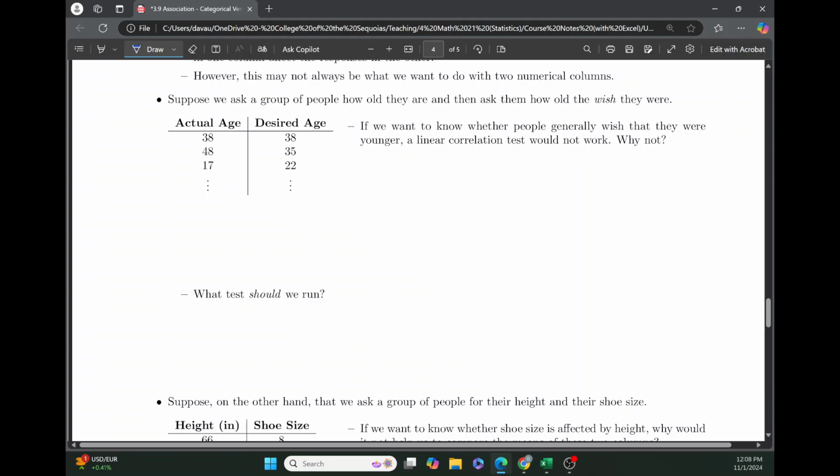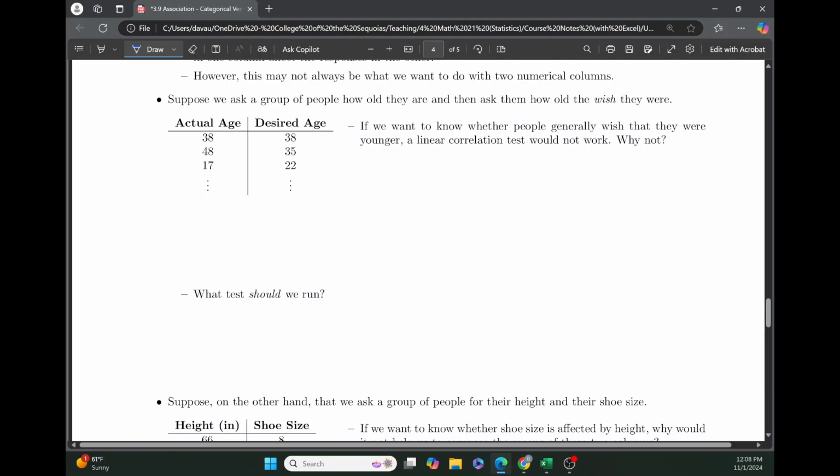And then you run a linear correlation test to see if actual age and desired age are correlated. The answer to that question is going to be yes. There's going to be a perfect linear correlation because everybody is perfectly happy with their age. But that would not answer the question of whether people wish that they were younger.